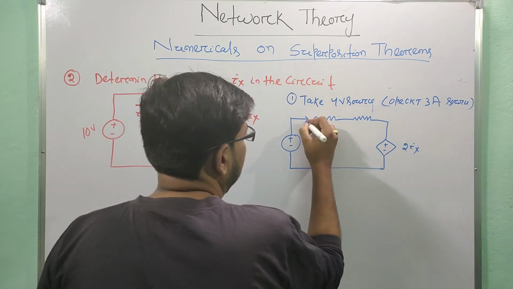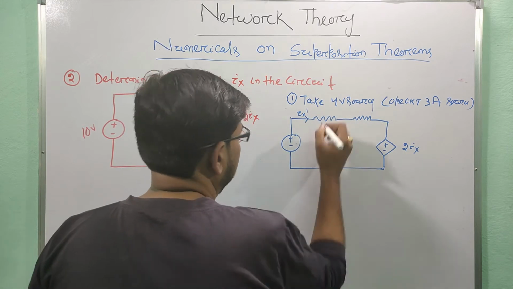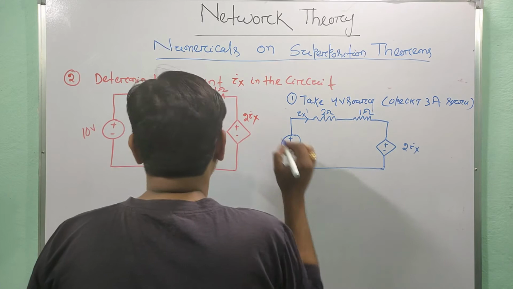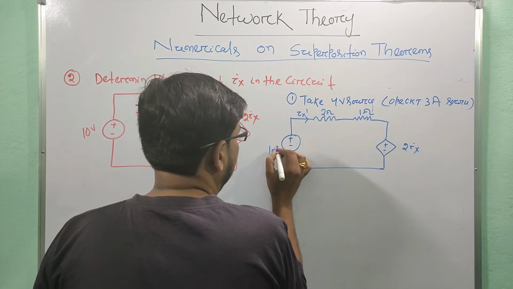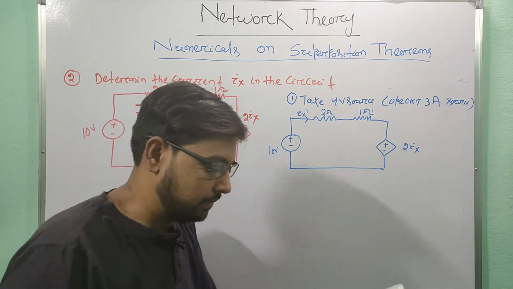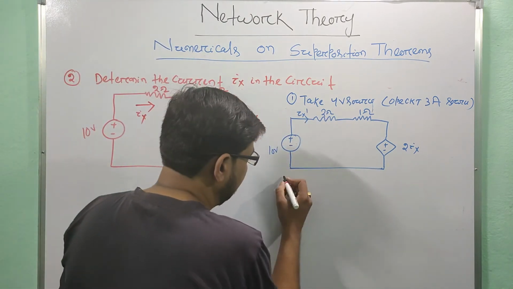2Ix, and this is your Ix dash. This is my 2 ohm, this is my 1 ohm, and this is your 10 volt. Then how do we find the Ix value? To find the Ix value, let us apply KVL.